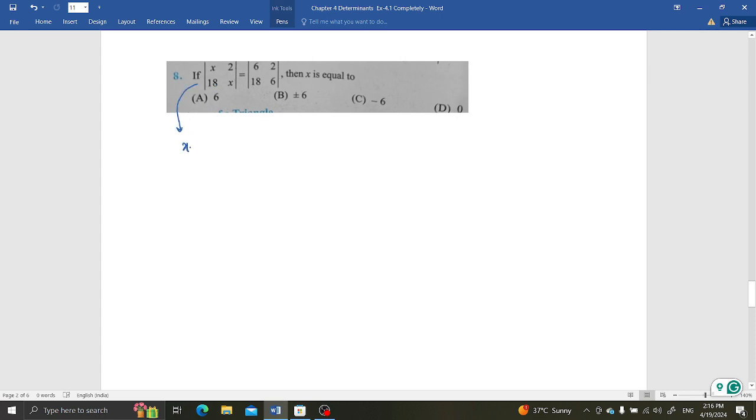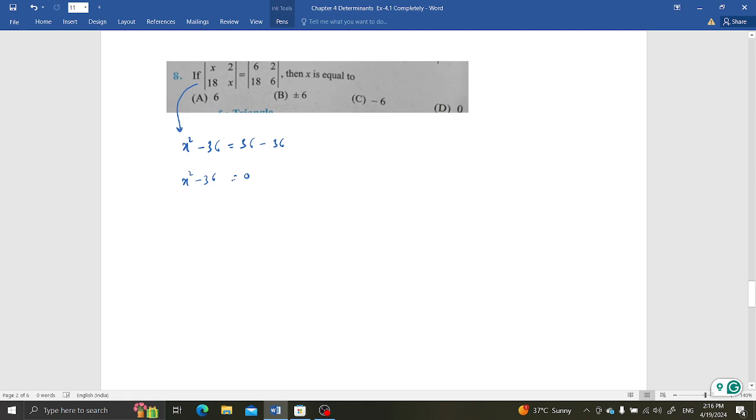So here we have x square minus 36 equal to 6 into 36 minus 18 into 36. Here they are giving 0, and here we have x square minus 36.